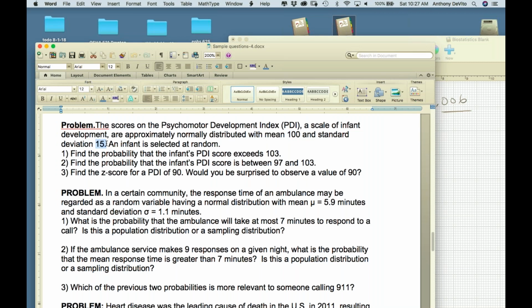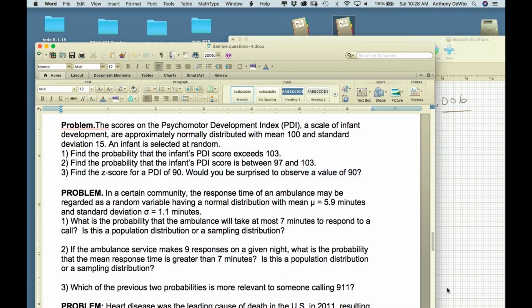This is just a simple test for children's development stage. It's a numerical variable, and we know the mean and the standard deviation. Find the probability that the infant's PDI exceeds 103. Find the probability that it's between 97 and 103, and find a z-score for a PDI of 90. Would you be surprised to observe a PDI of 90?